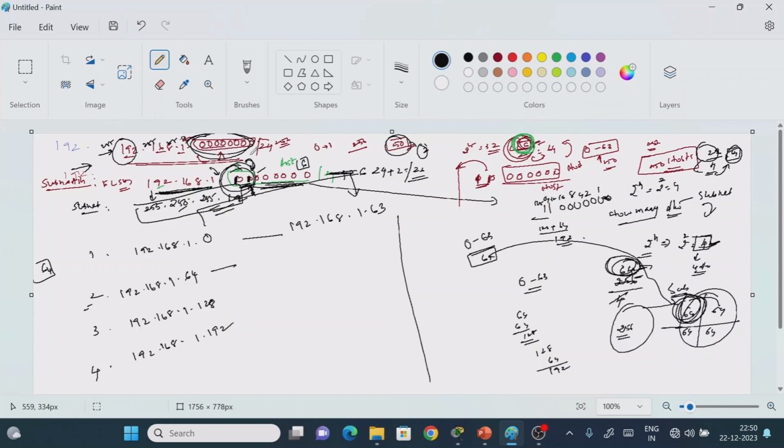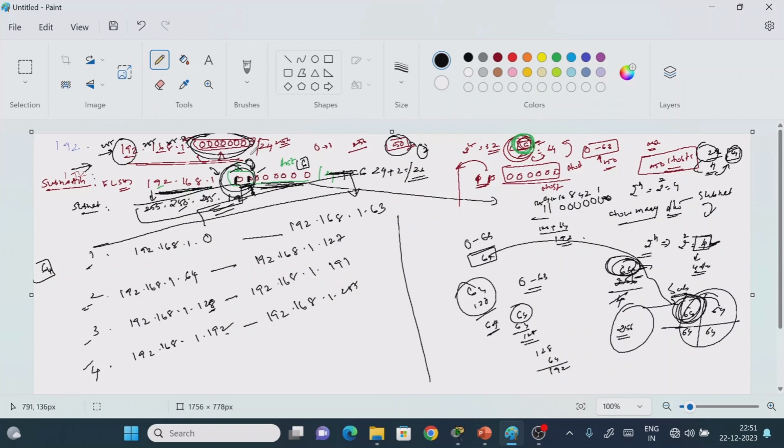Now the second subnet starts from 64 and, since the next starts from 128, it will end at 1.127, right? So from 64 to 127 we will have 64 IP addresses. If the next starts at 192, the previous ends at 192.168.1.191. And what is the maximum value? 1.255, right? So this is how we get the 4 subnet values.